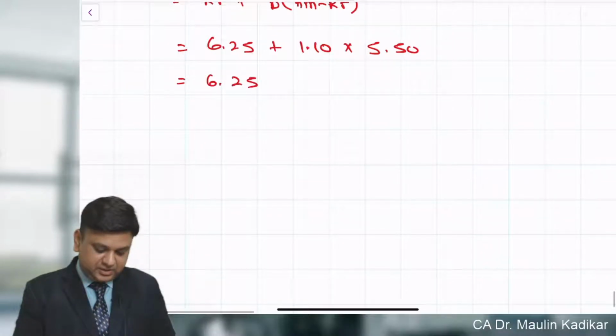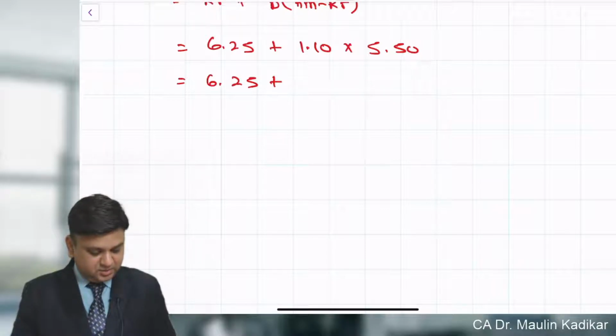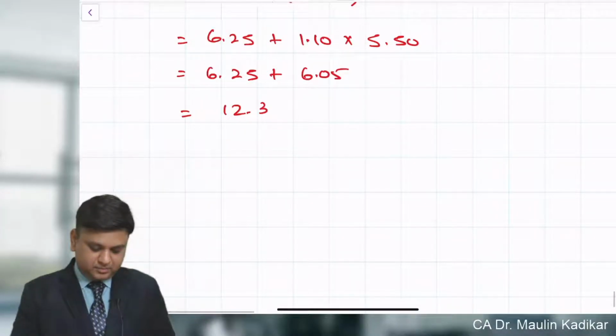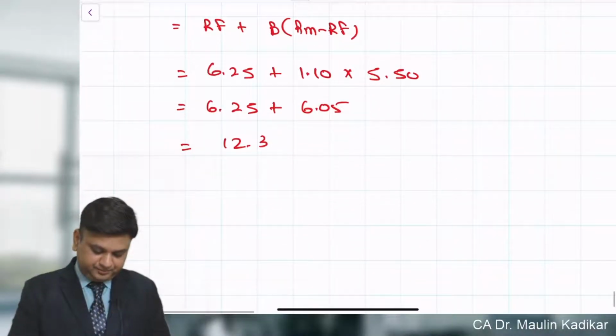So 6.25 plus 1.10 into 5.5 is 6.05. Oh, sorry, 1.40.